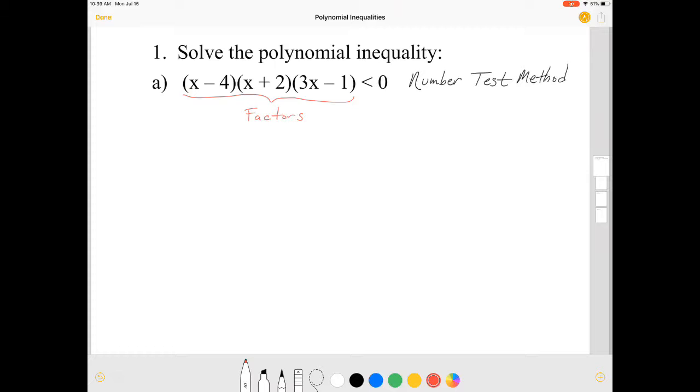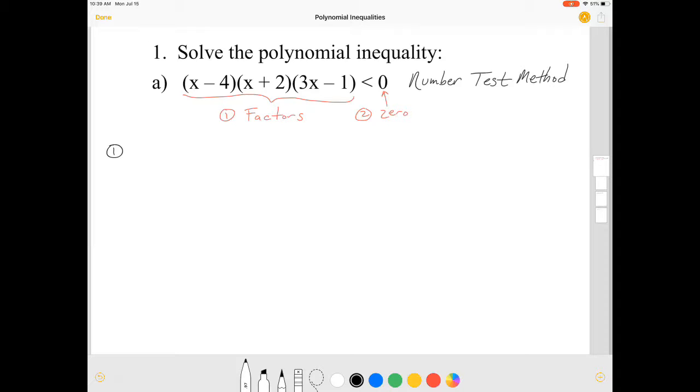So that's one essential thing. Number one, you need to have factors on the left side. And number two, also very important, you must have 0 on the other side. If there's any other number there, the number test method will not work. Okay?